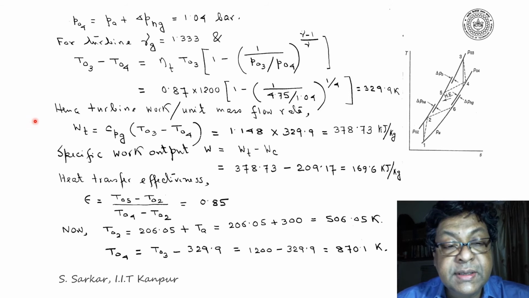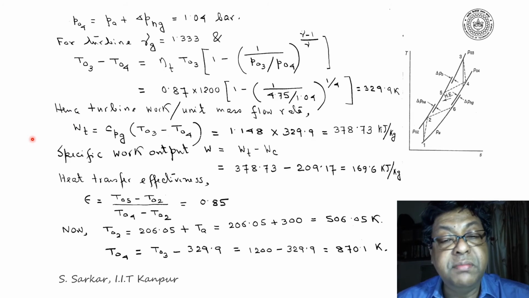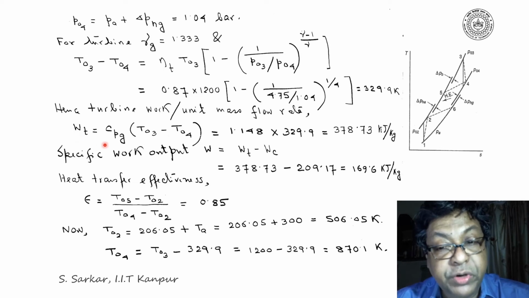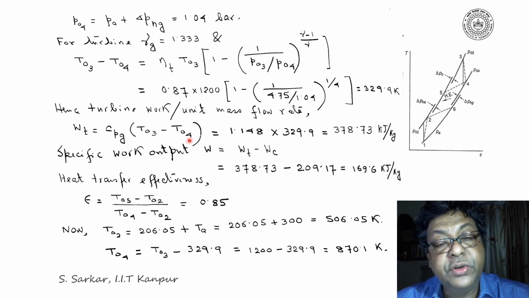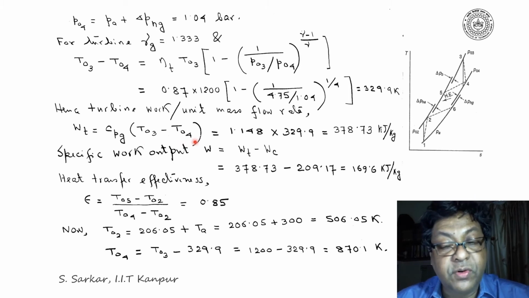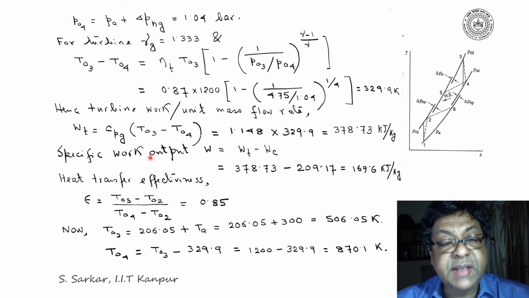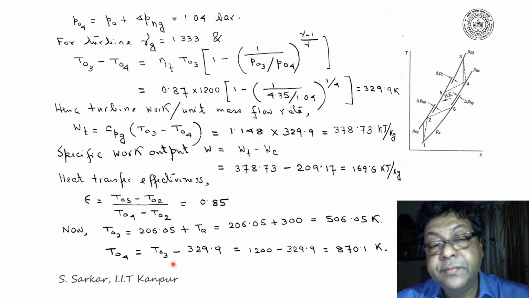Now, I can calculate WT, turbine work per unit mass flow rate, as WT equal to CPG into T03 minus T04. T03 minus T04 is the actual temperature drop in the turbine, and CPG value is 1.148.